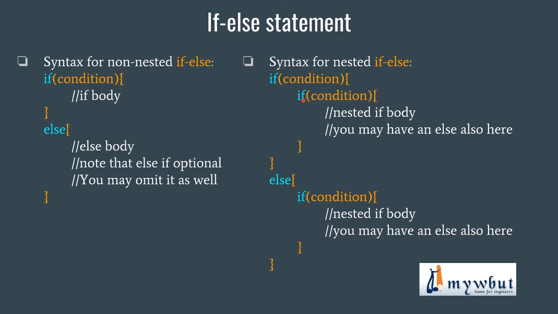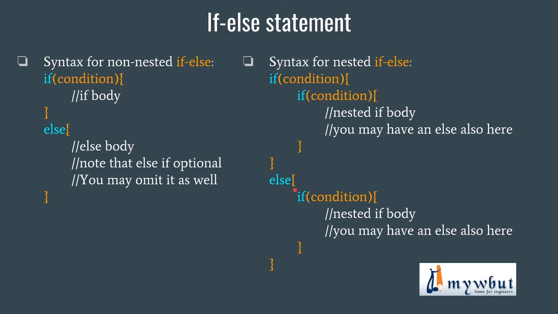One more thing to note is that else is not a mandatory thing. You can always omit else. It is optional. You place else into your code only if it is necessary, otherwise you can omit it. So you will see over here that we have the if body, but there is no else inside this first if.